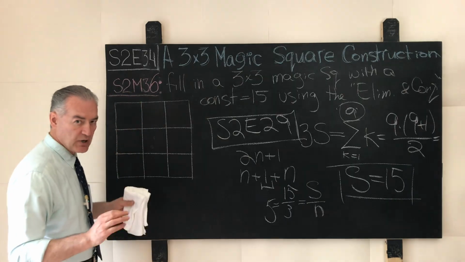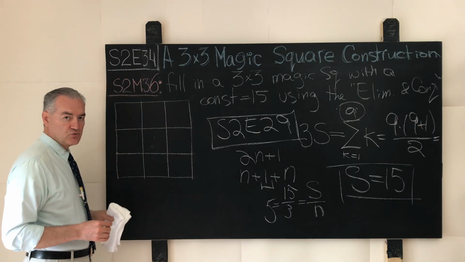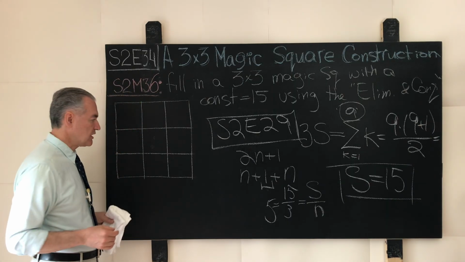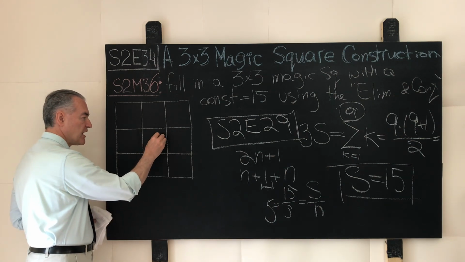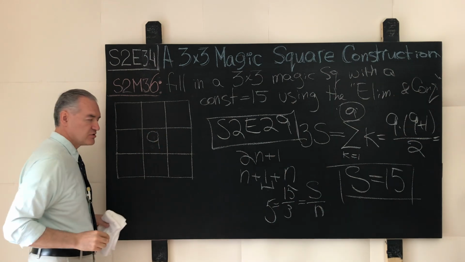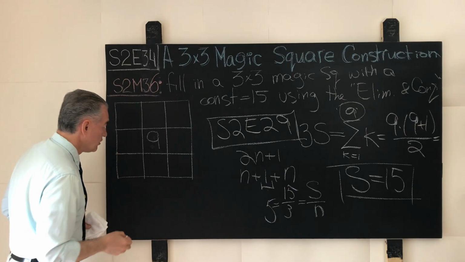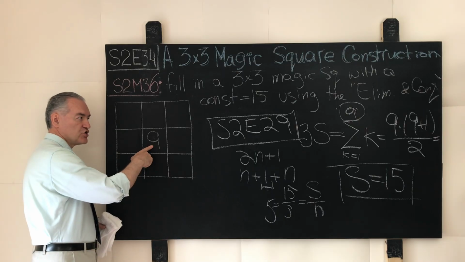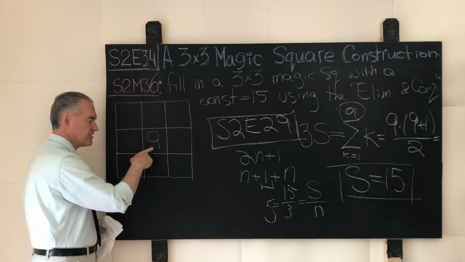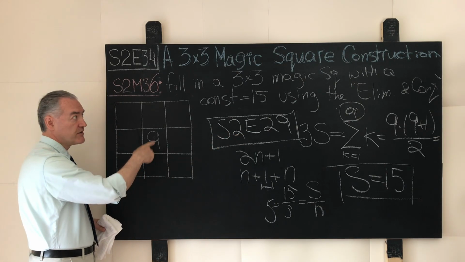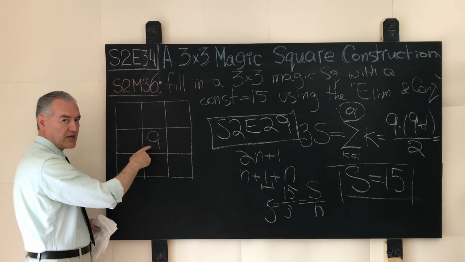We know that much, but it is a good idea to say out loud why the number 9 positioned in the central cell cannot possibly happen. Well, let us do that right now. If the number 9, the largest number in this set, is positioned in the central cell of a 3 by 3 magic square, then what does that mean?